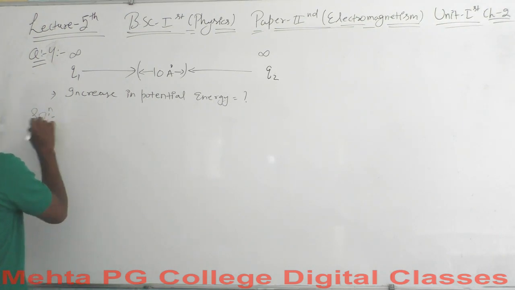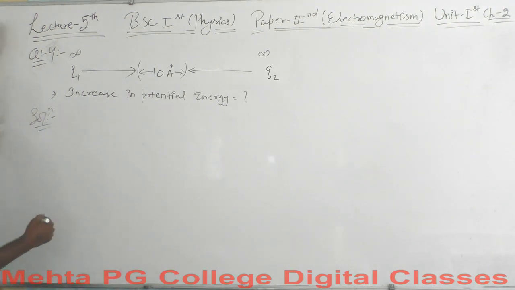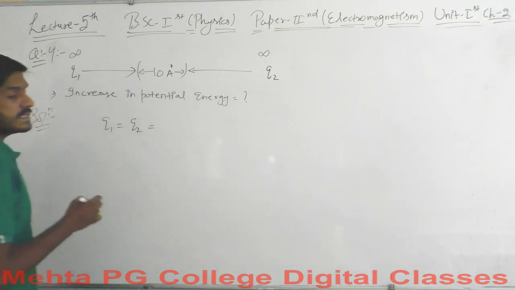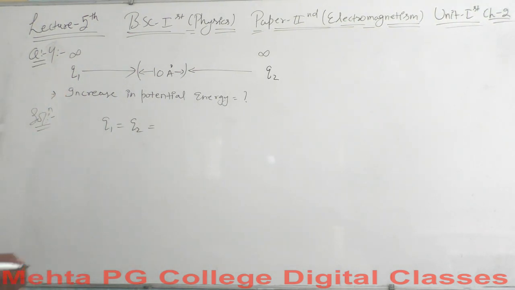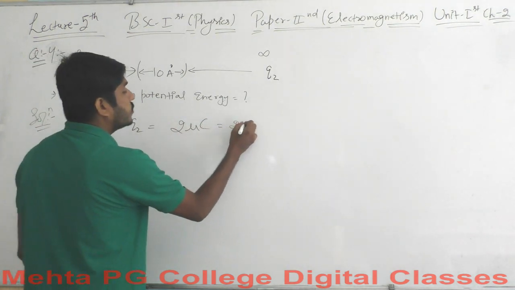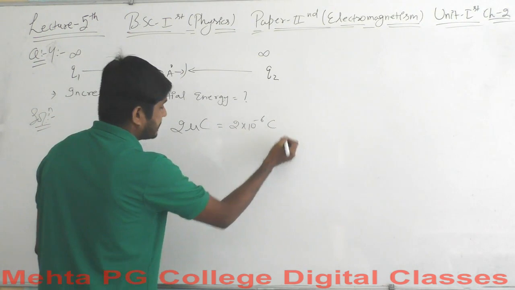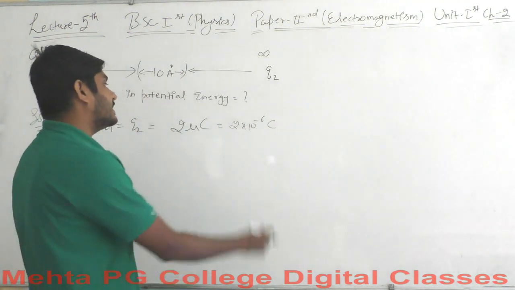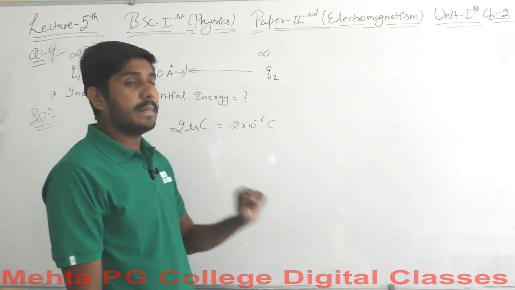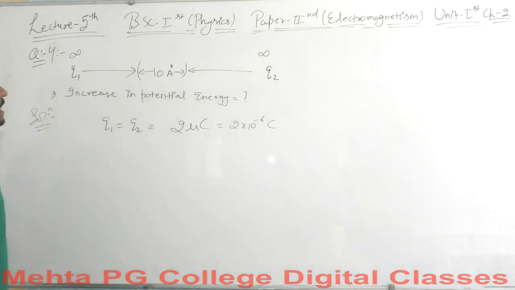So let's talk about the solution here. We have been given that both of these charges are of the same magnitude. Let's say q1 equals q2, and these charges equal 2 microcoulomb, or you can say 2 into 10 to the power minus 6 coulomb here, because we need the magnitude of charge in coulomb.